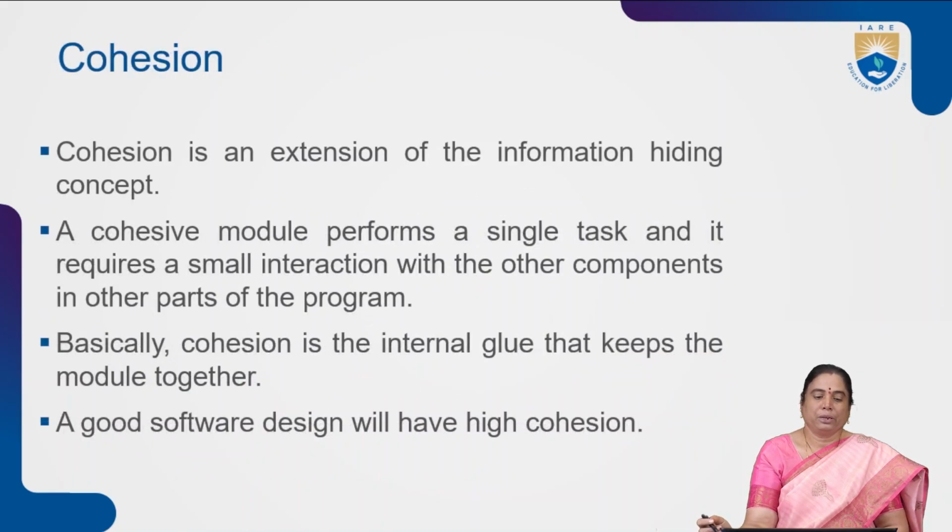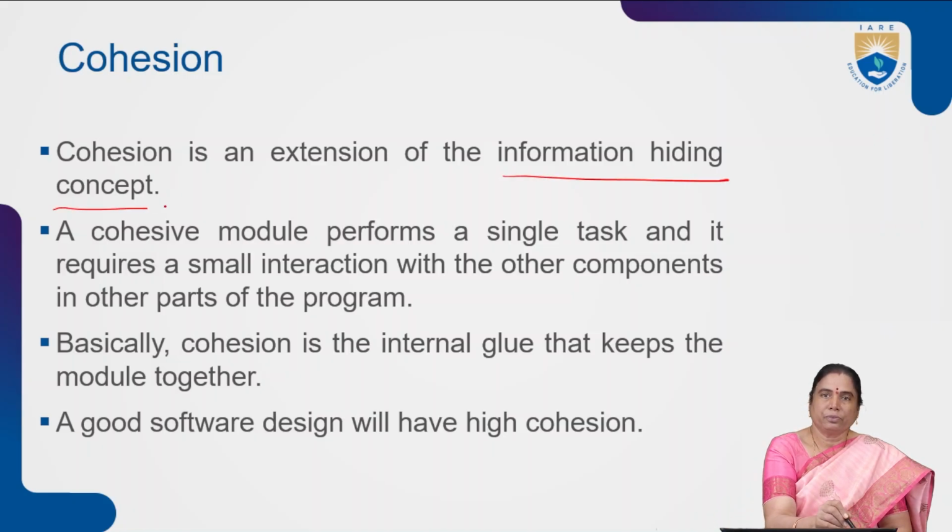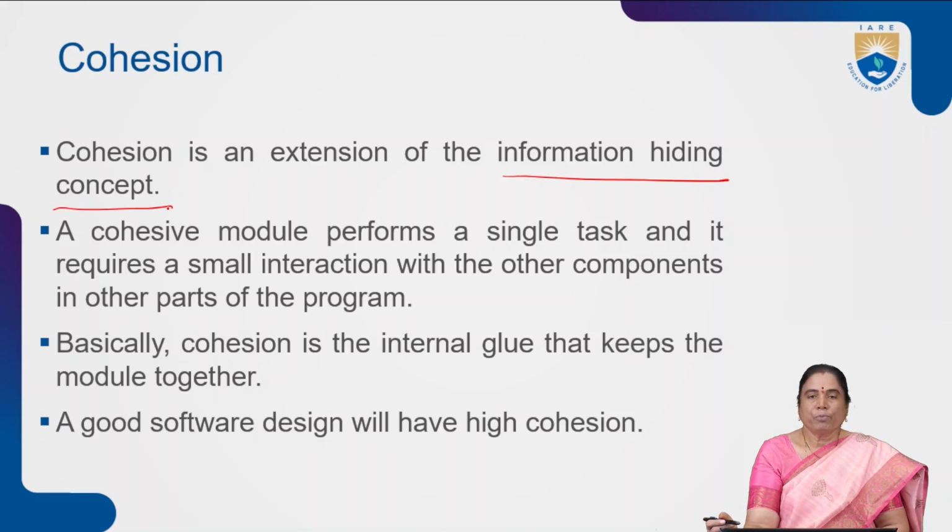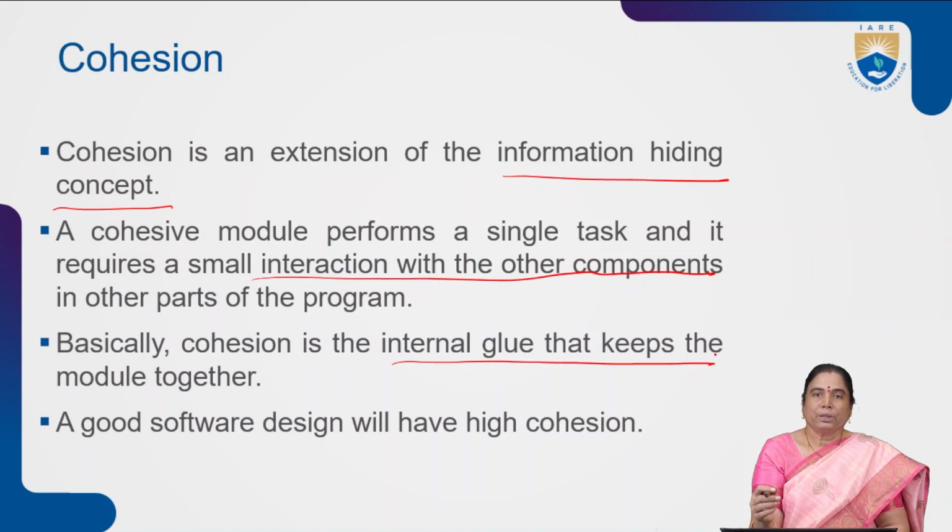What is cohesion? Cohesion is an extension of the information hiding concept. A cohesive module performs a single task and requires little interaction with other components in other parts of the program. Basically, cohesion is the internal glue that keeps the module together.